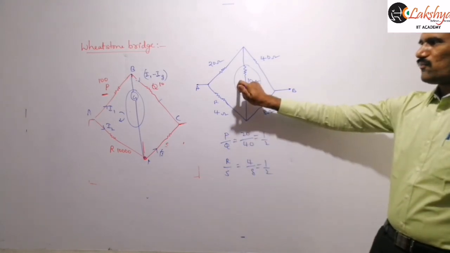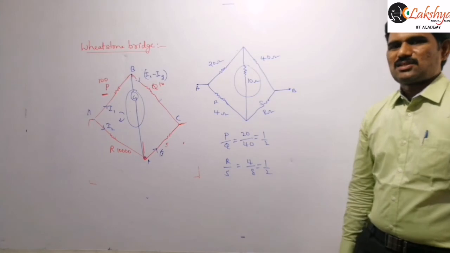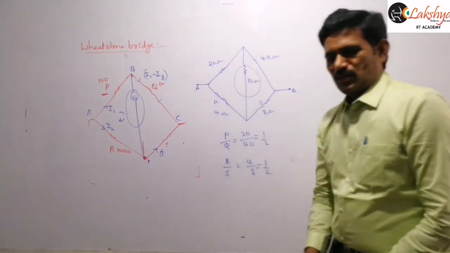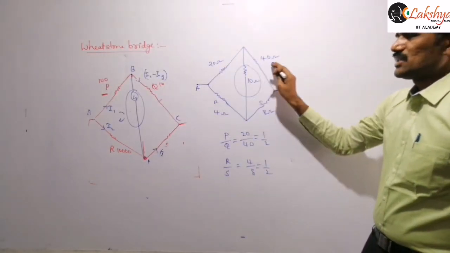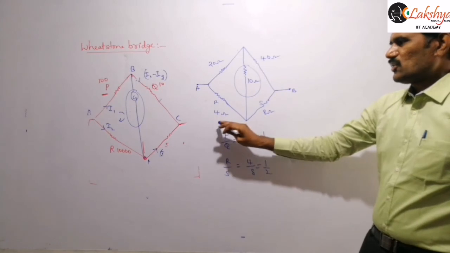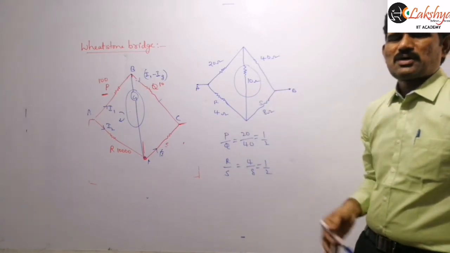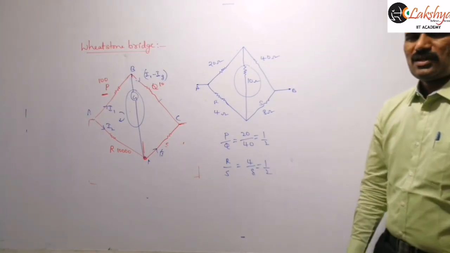So once this resistance is removed, you can easily say this 20 and this 40 are in series, and this 4 and 8 are in series. Then both the arrangements are in parallel. That means the circuit converts into simple series and parallel combinations, right?